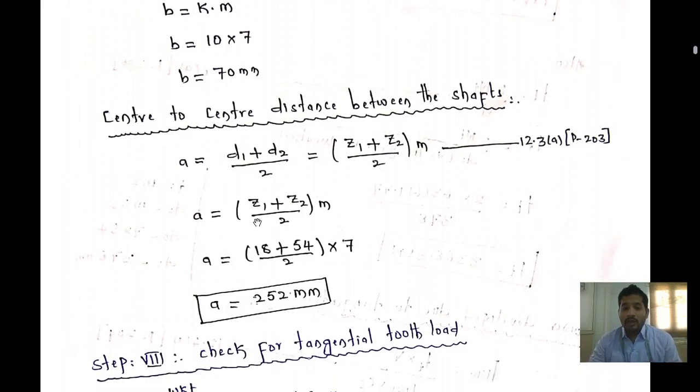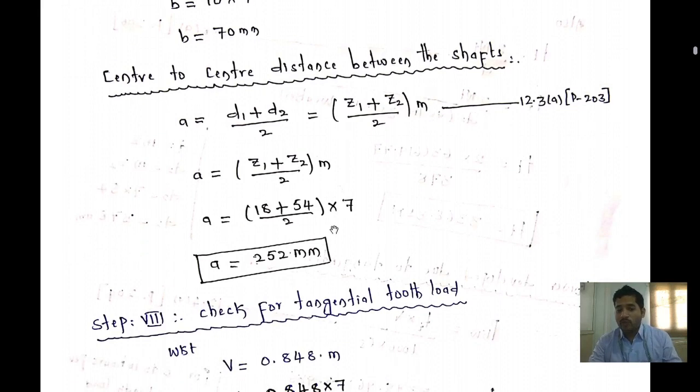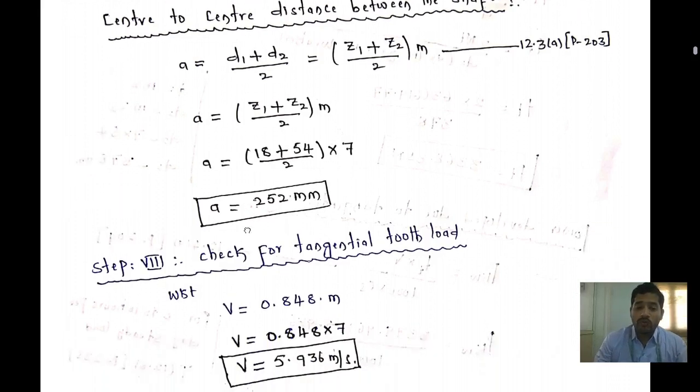Then here, Z1 plus Z2 by 2 into module. Z1 is the number of teeth of the pinion plus the number of teeth of the gear, by 2 into module. Already we found the number of teeth of the pinion: 18. The number of teeth of the gear is 54, by 2 into the module value, which we got as 7. Is it right? If you divide and multiply these values, you will get the center distance between the two shafts: 252 mm.